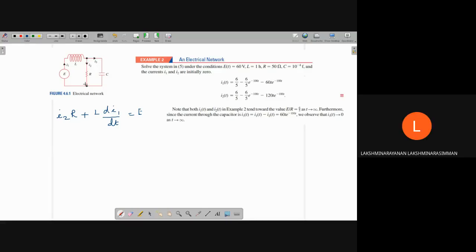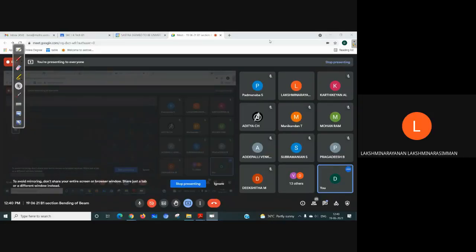I2R plus di3 by dt into 1 by c equal to E. Okay, Lakshminarayana.